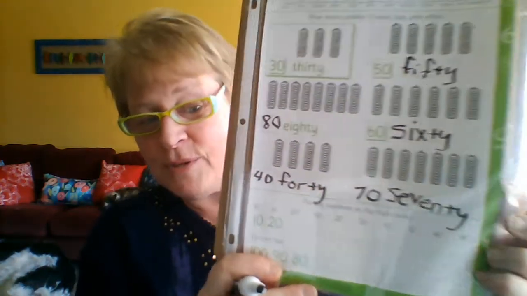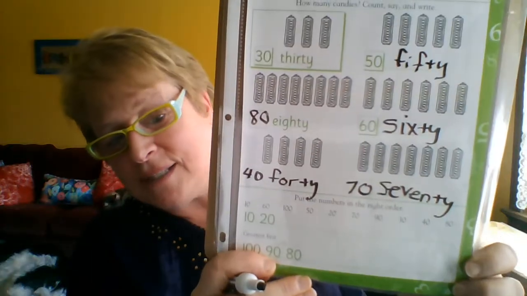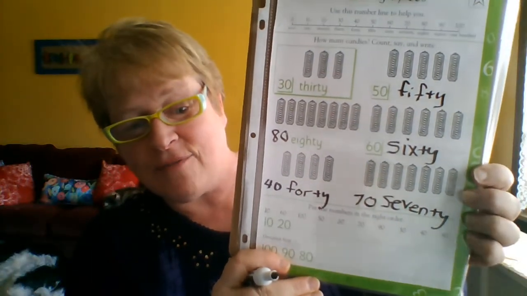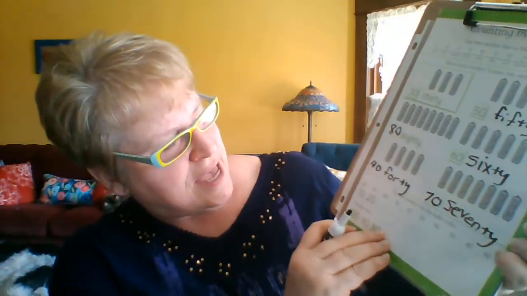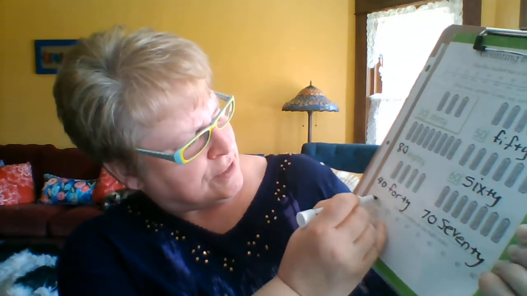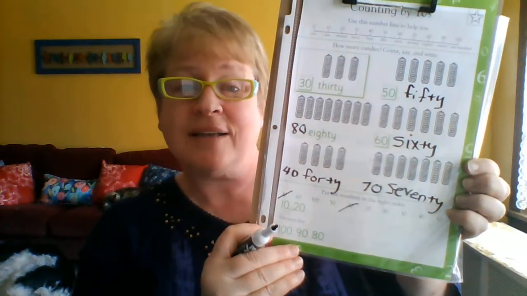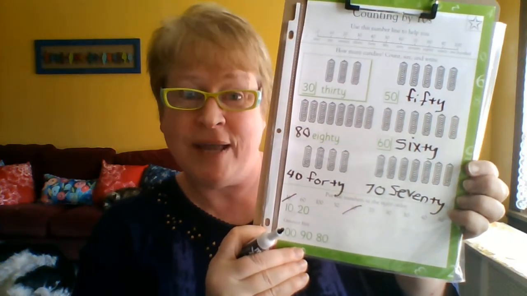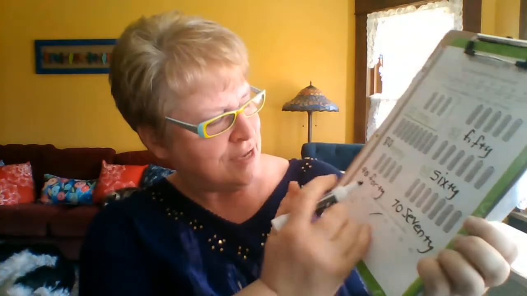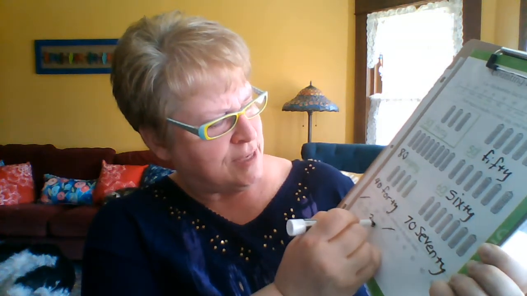At the bottom, they want us to put the numbers in the correct order. They have those numbers up to 100 all mixed up. So they started it out for us. We start with 10, 20. So we're going to cross off 10. We're going to cross off 20. What's next? 10, 20, 30. Good. So I'm going to write 30 and cross that off.